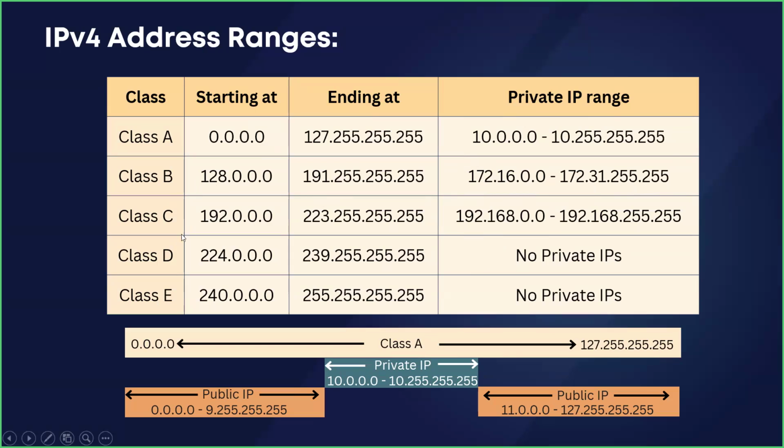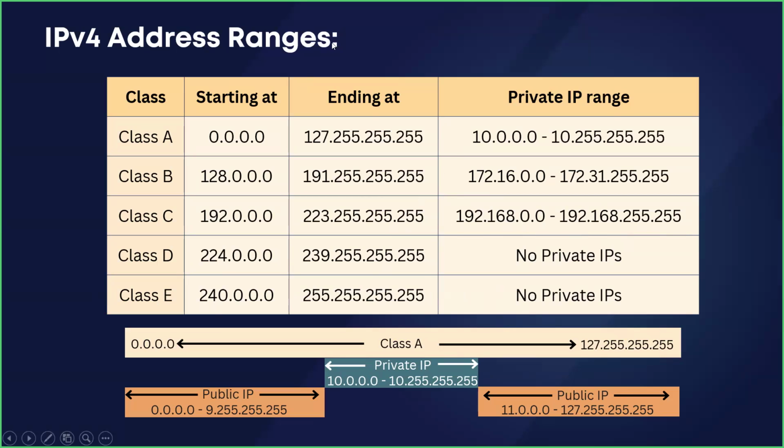Similarly, in Class C, between 192 and 223, there's a small range, 192.168.0.0 to 192.168.255.255. This is the private IP range in Class C. Any IP within this range is a private IP. Any IP outside this range is a public IP. And in Class D and Class E, you don't have any private IPs at all. These two are exceptions. All of them are public IPs.